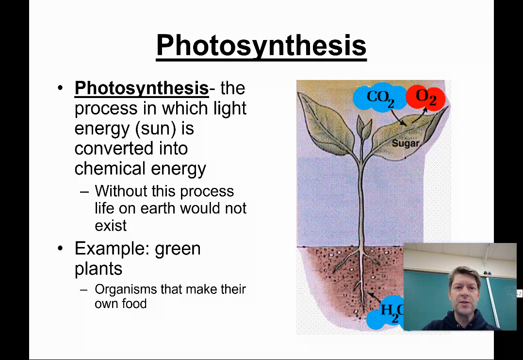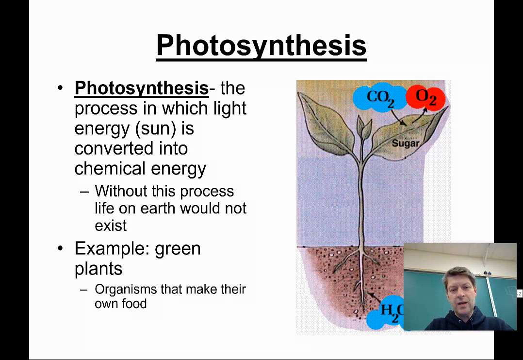So photosynthesis is the process in which energy from the sun is converted into chemical energy. Without photosynthesis, life on Earth would not exist, at least not in the form that it currently exists. An example are green plants. They are organisms that make their own food. How do they do it?